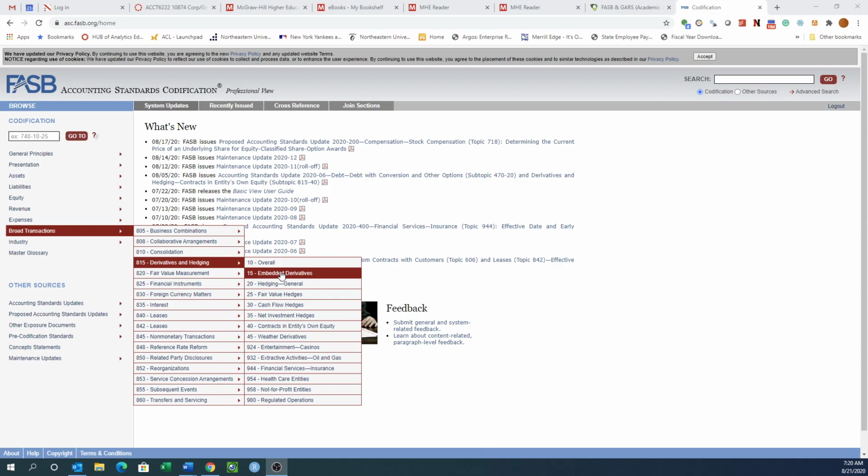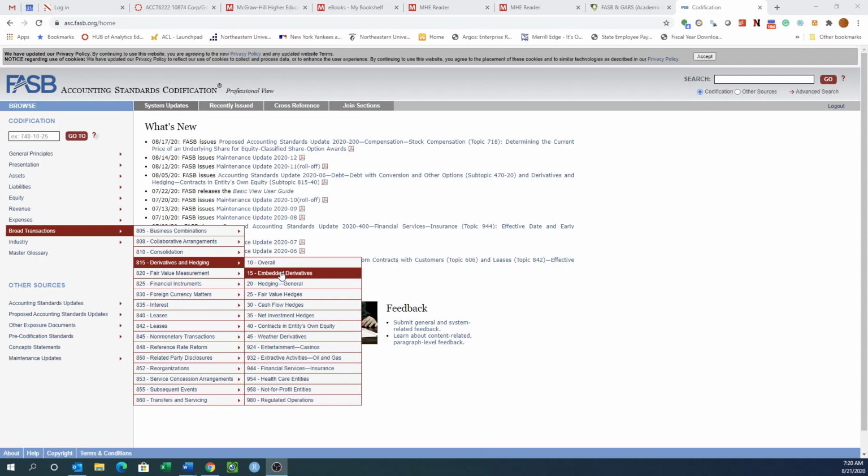Now we know that the accounting for derivatives is fair value, changes in fair value go through the income statement. So if I have a derivative that is embedded in another host instrument, we'll call this a hybrid instrument.